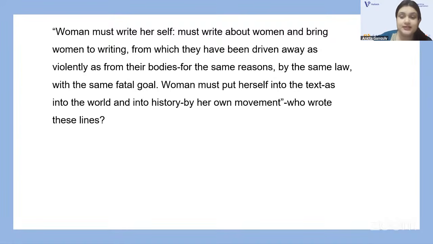Woman must put herself into the text, as into the world, and into history by her own movement. Who wrote these lines? And in which work are these lines?